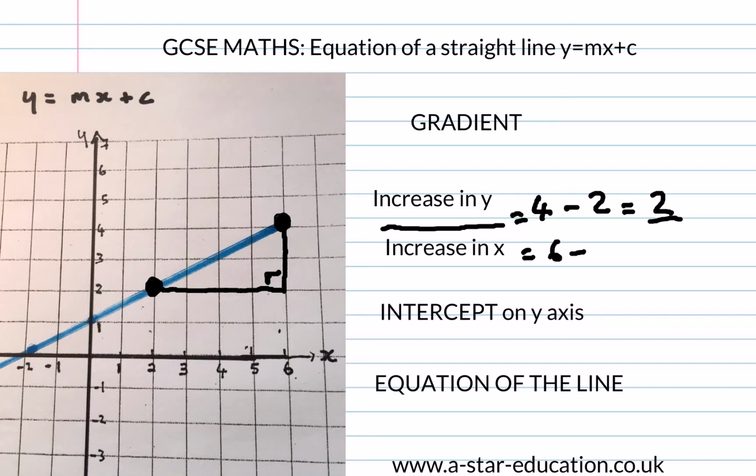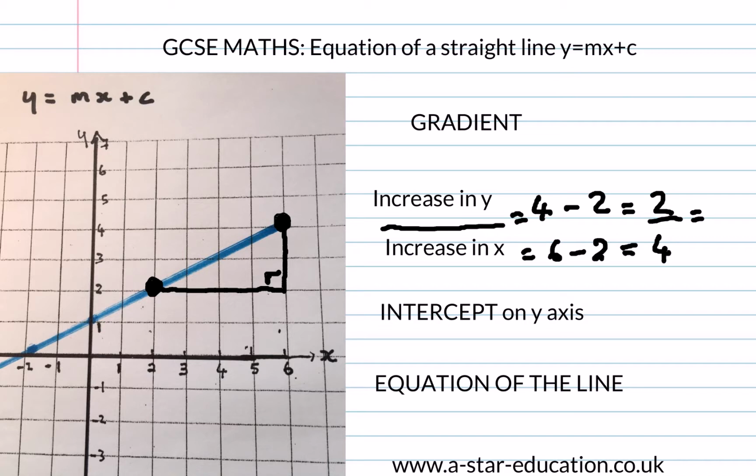And the other point here is 2. That point there is 2. So the increase in x is 6 minus 2. That's how long that is, the increase in x. And of course, 6 minus 2 is 4.